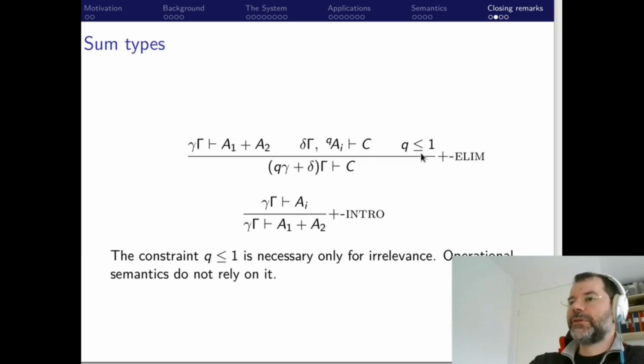Otherwise, we will be able to see if we are on the left or on the right of the sum for every modality. And then everything becomes observable at every level, even 0. But the operational semantics do not, in fact, rely on this constraint. And so there are other choices. There is an extended discussion of this topic in the paper.